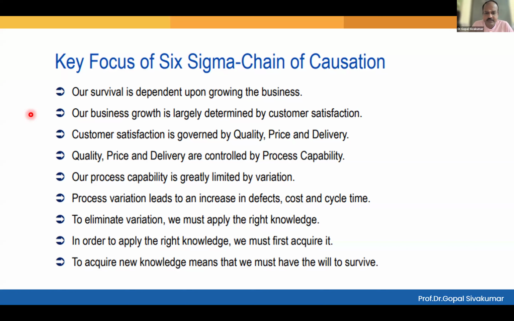And there is scientific knowledge required to eliminate the defects as well as the waste. And that means, in order to eliminate the variation, you must apply the right knowledge. And in order to apply the right knowledge, we must first acquire it.